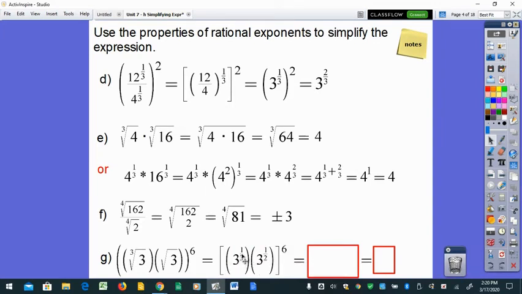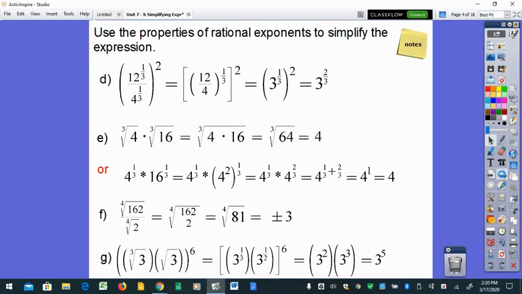I would get 1/3 times 6, which would be a squared exponent, and 1/2 times 6 would give me a cubed. And then 3 squared is 9. 3 cubed is 27. Or if we look here, we've got a common base. Why not just write that as 3 to the 5th? And if we needed to simplify it, we could raise 3 to the 5th power.